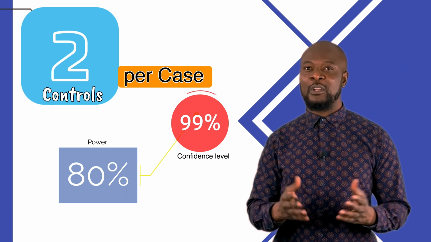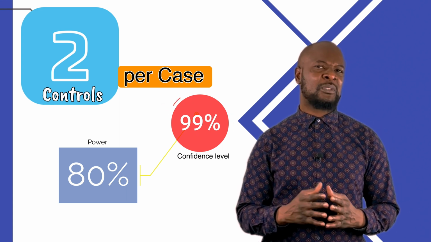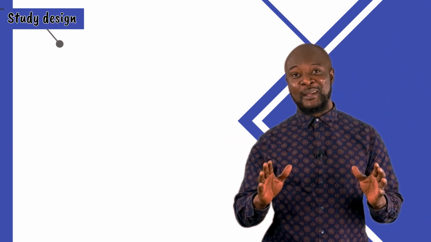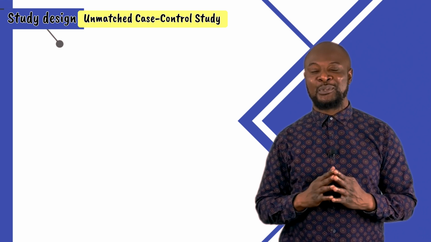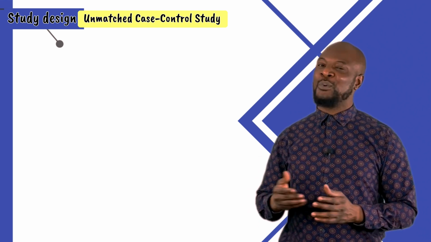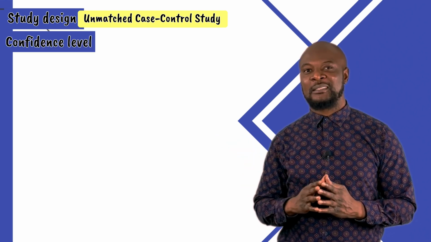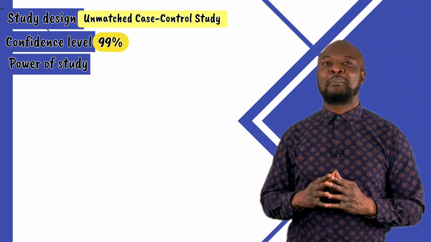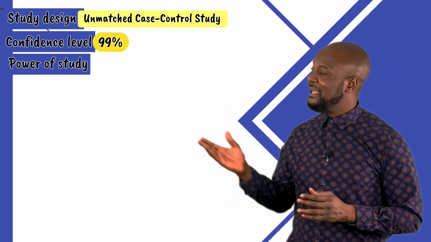Let's pause here for a moment to piece out the parameters that we have. First off, what study design are we talking about? This is clear, an unmatched case control study. Next, what is Aminu's desired level of confidence? 99%. What power is Dr. Aminu planning on applying for his study? 80%.